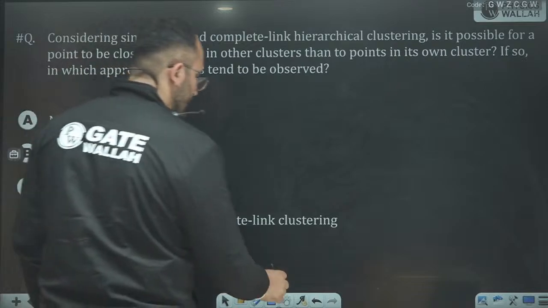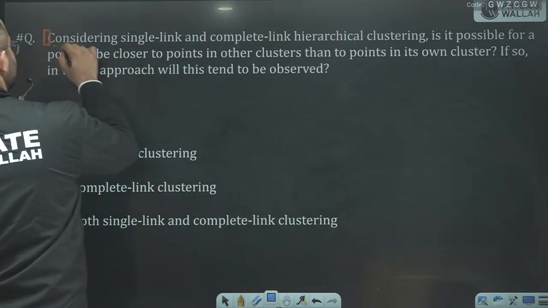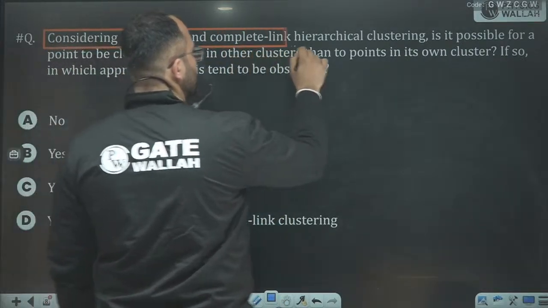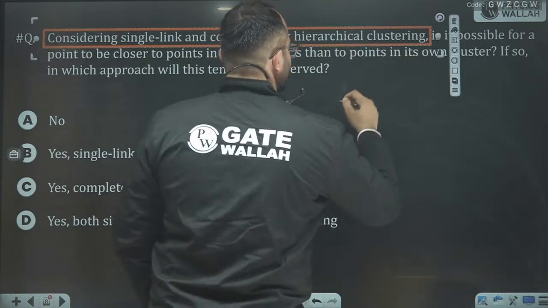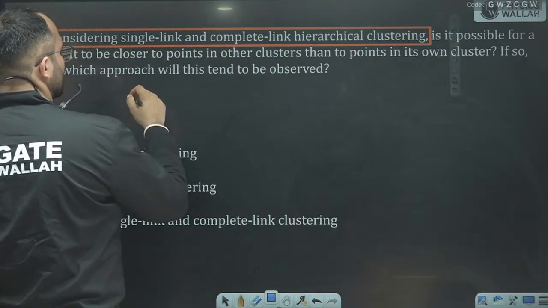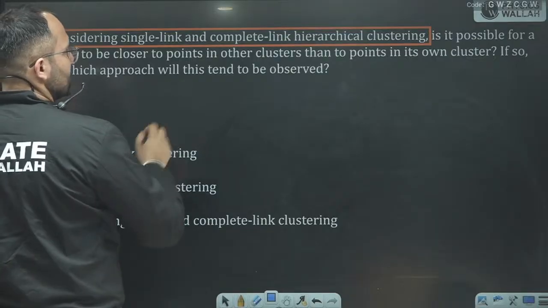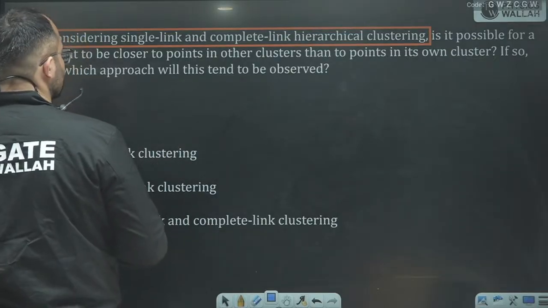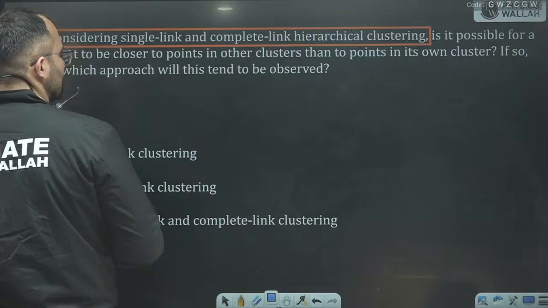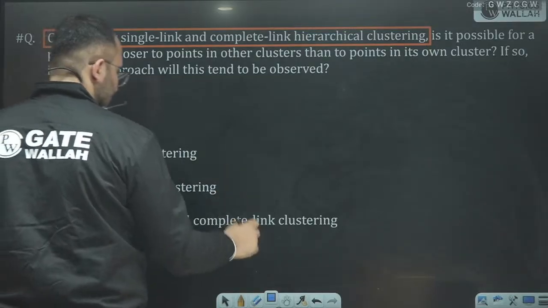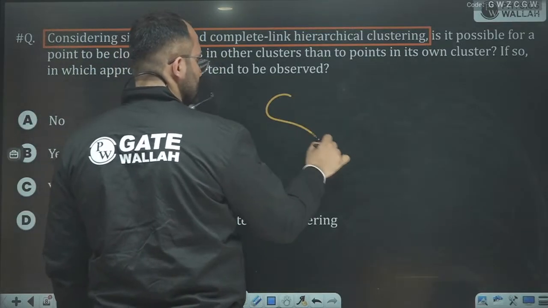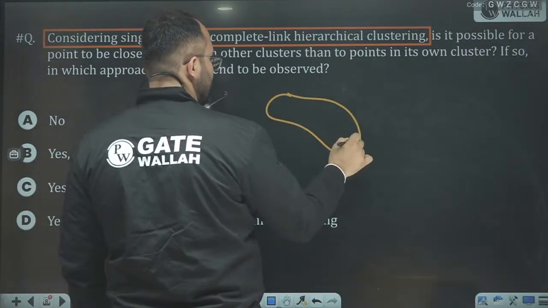Okay, now the next point. Consider single linkage and complete linkage hierarchical clustering. Is it possible for a point to be closer to a point in another cluster than to a point in its own cluster? If so, in which approach will this trend be observed? Inside the cluster, we have a point like this.